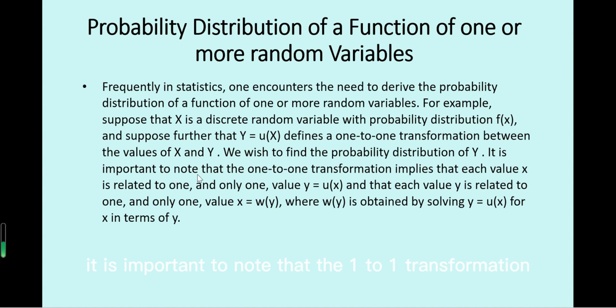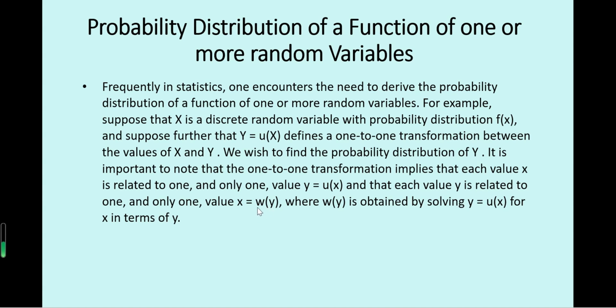It is important to note that the one-to-one transformation implies that each value of x is related to one and only one value of y from y = u(x), and each value of y is related to one and only one value of x. So x can be calculated from y also.